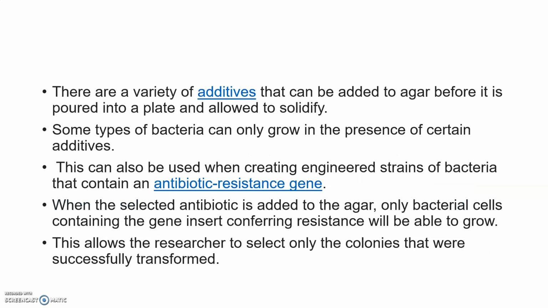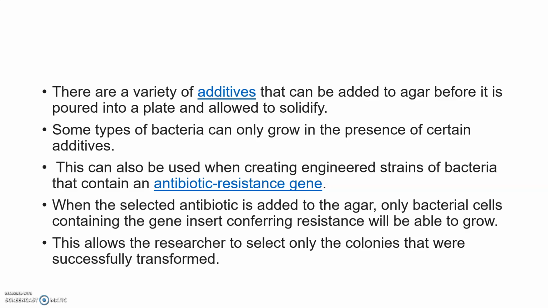There are a variety of additives that can be added to agar before it is poured into the plate and allowed to solidify. So we can add different types of additives. Some types of bacteria can grow only in the presence of certain additives. This can also be used when creating engineered strains of bacteria that contain antibiotic resistance genes.